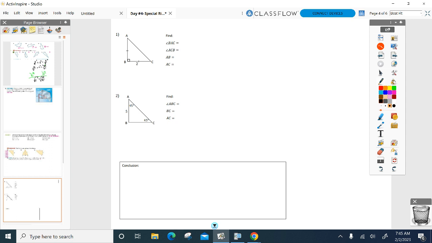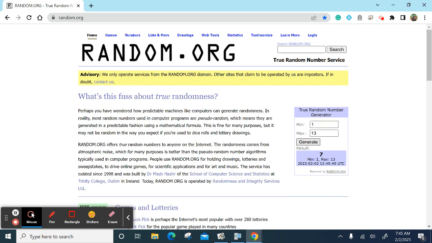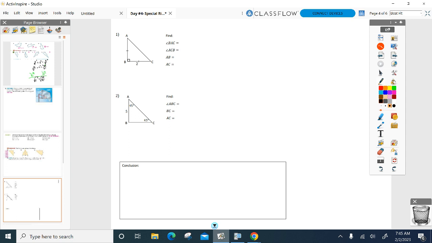Remember, those sides are congruent. What do we know about the angles across from them then? What do I know about the angles across from those two congruent sides? They're congruent. Okay, you know there's 180 degrees in a triangle. If those two sides are congruent, what are the other two angles then?